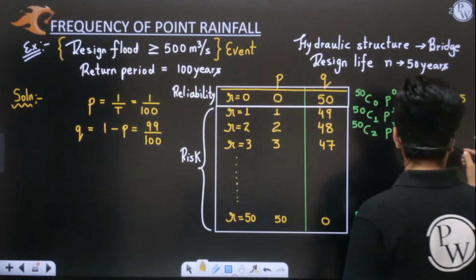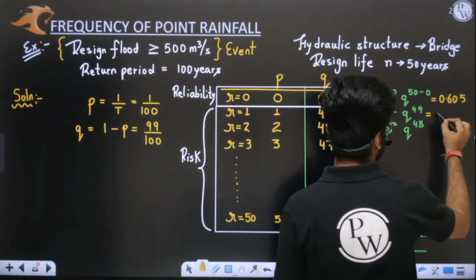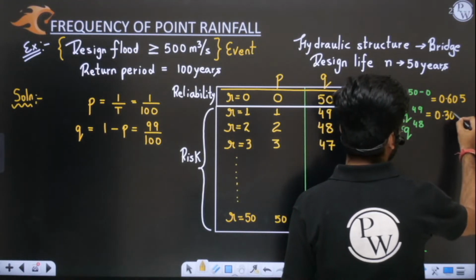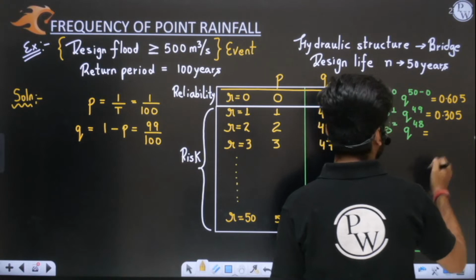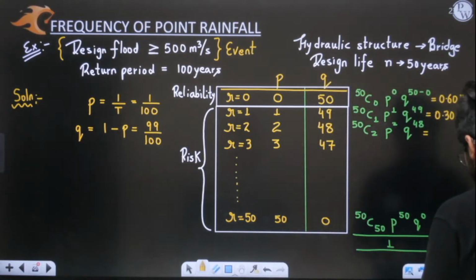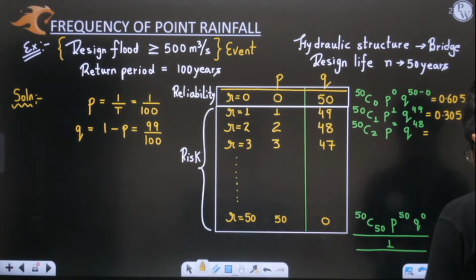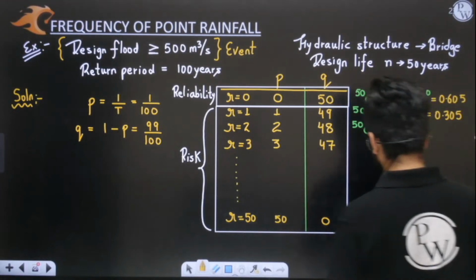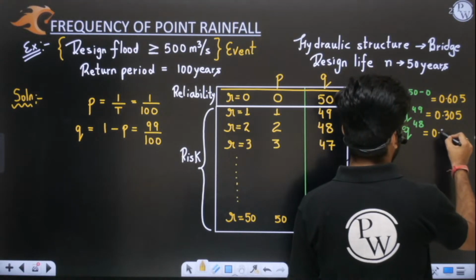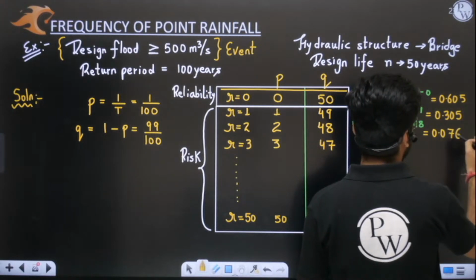Yes, 0.305. This one will be equal to how much? 50C2 multiplied by 0.01 power 2 multiplied by 0.99 power 48. This will be equal to 0.075. When you round off, it will be equal to 0.075.